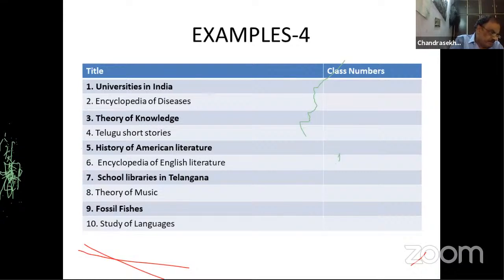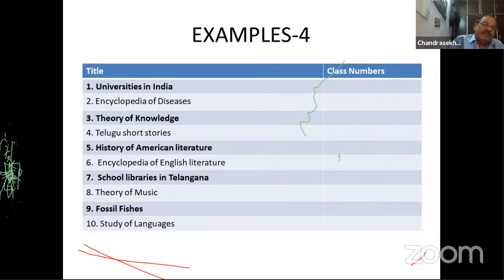Fishes, fisheries. Here also it is not given there. So the fishes number is there. Fossil fishes: paleontology, here he has given it. See, under fishes, paleontology is given as 567.